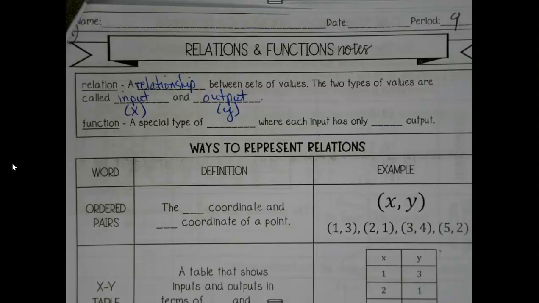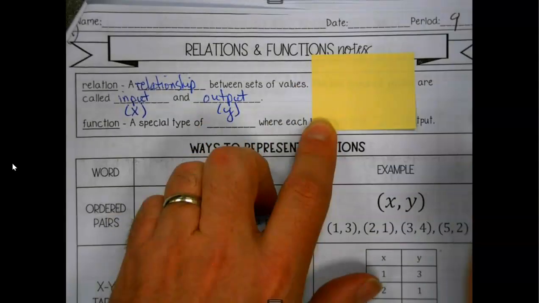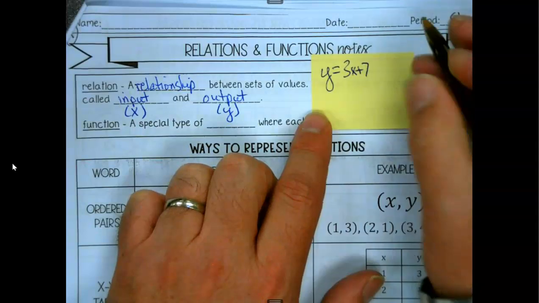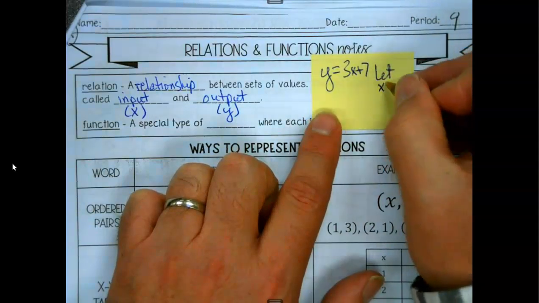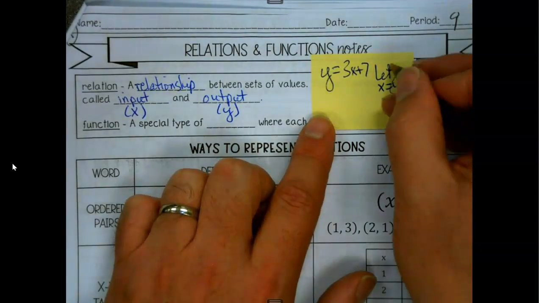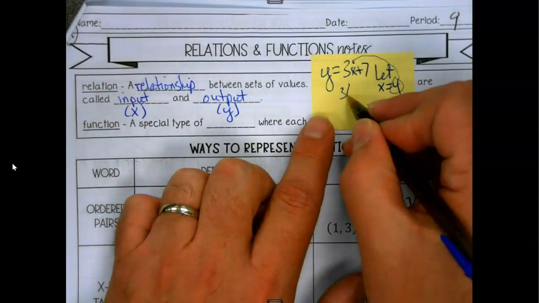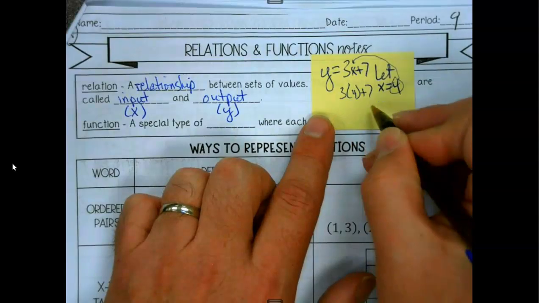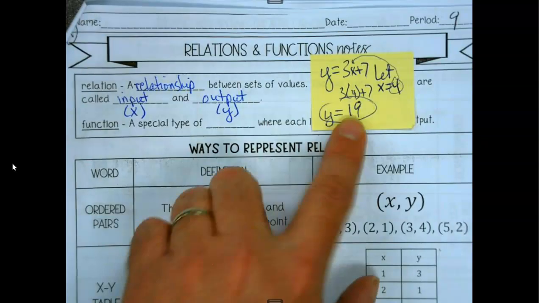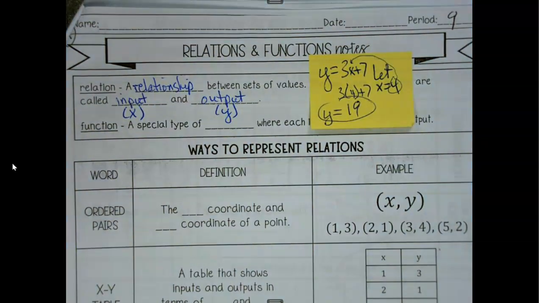Whether you understand that you've seen these before or not, you have, because if you had something like y equals 3x plus 7, let x equal 4 and solve it, you input the 4 into the expression, and the output that you get is the y value. That's all it is, okay? Just a fancy way of saying it.